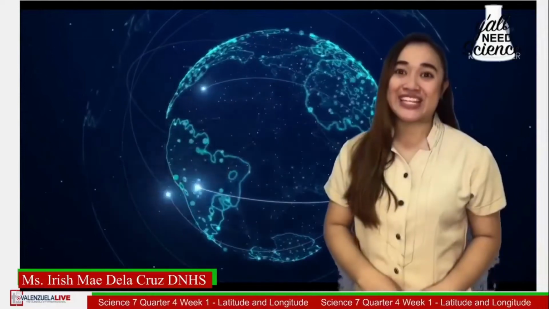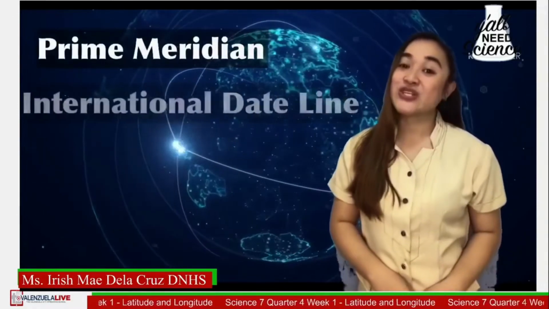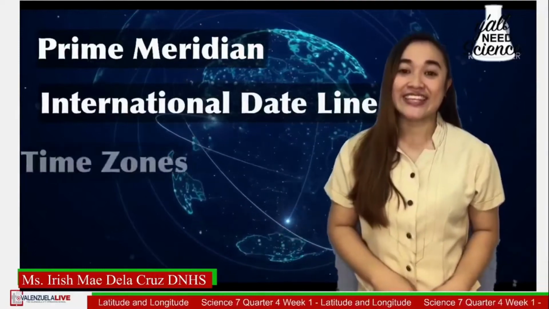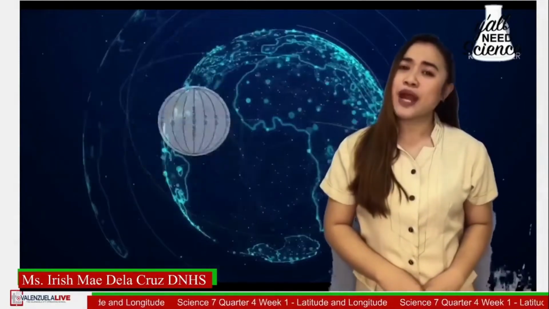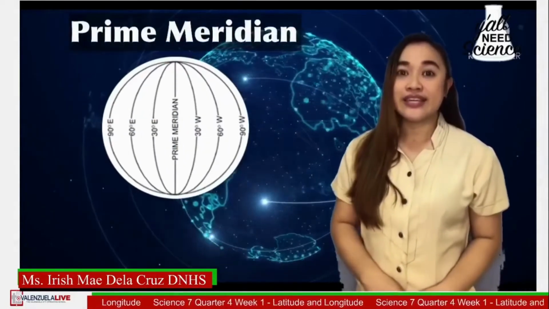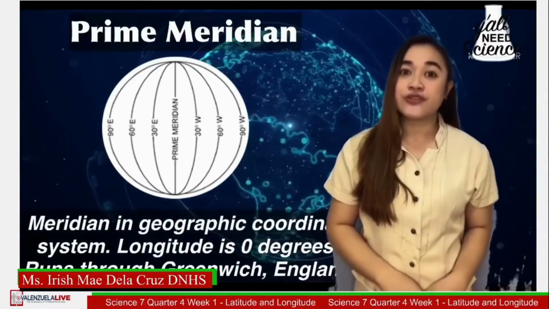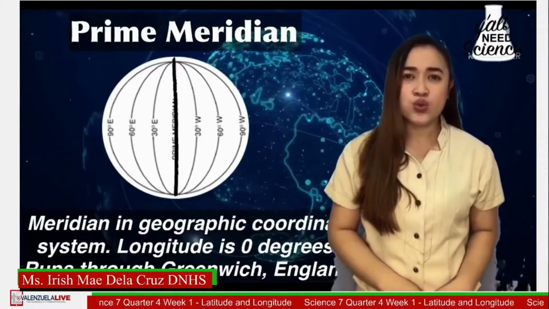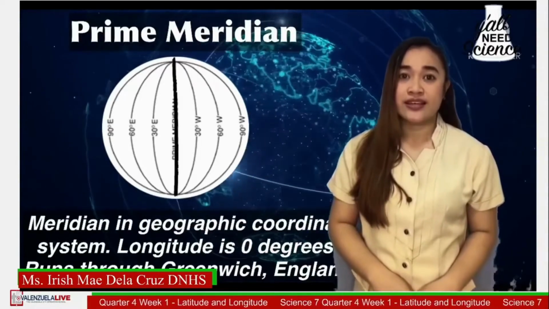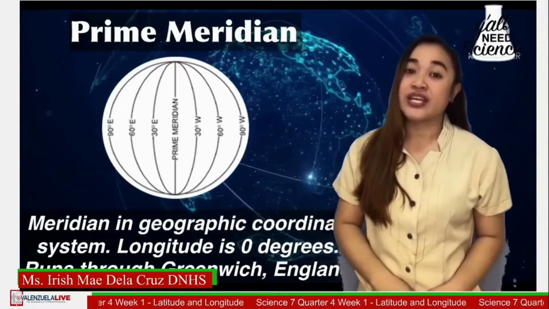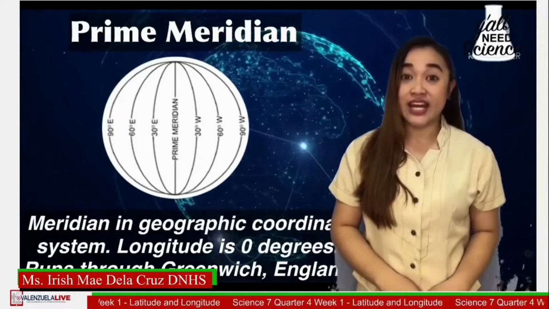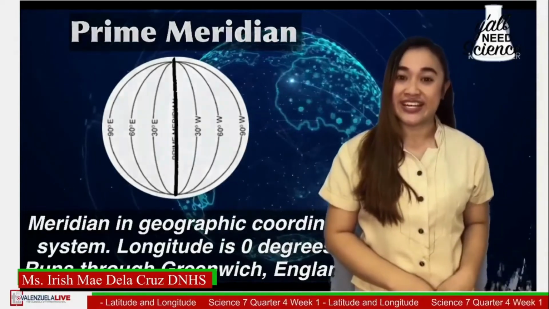Aside from the latitude lines, we also have the longitudinal lines, such as the prime meridian, international dateline, and the time zones. The prime meridian is the meridian, a line of longitude in a geographic coordinate system, at which longitude is defined to be 0 degrees and runs through Greenwich, England.